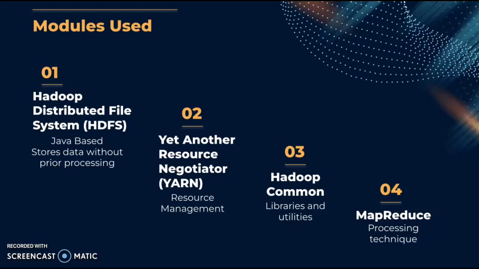The next one is Hadoop Common, and this is the libraries and utilities used by other Hadoop modules. The last one is MapReduce, which is a processing technique that accesses big data and organizes it. And I'm going to talk more about MapReduce and what it is in this presentation.